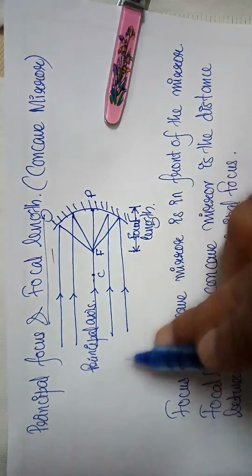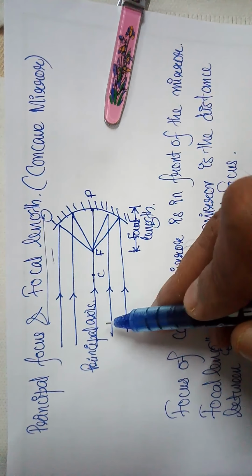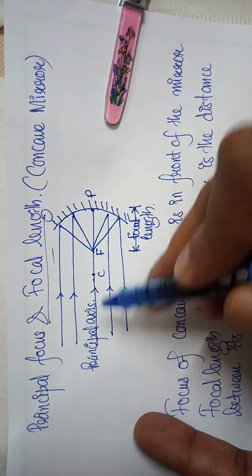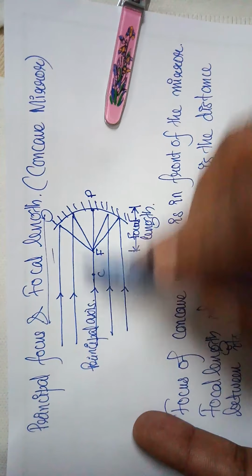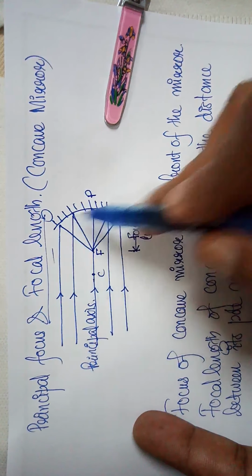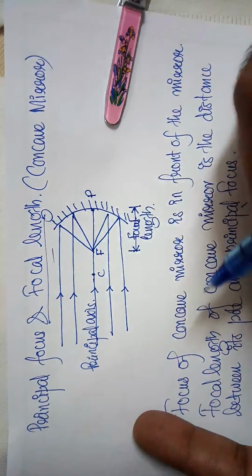These are the parallel rays of light. When we pass a beam of light, the rays will be parallel to each other, and these parallel rays hit this curved surface and converge at one point on the principal axis.